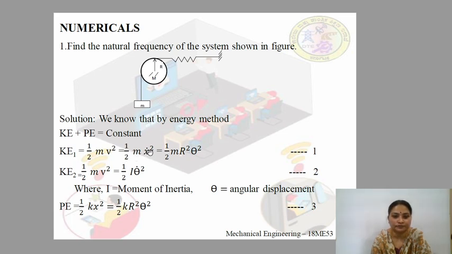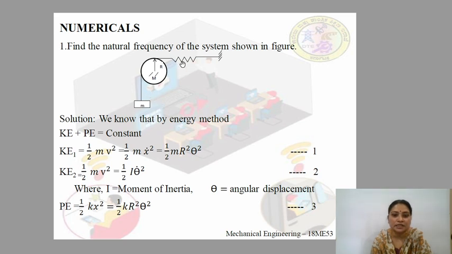Now when the mass moves down by a displacement x, the spring is also given a displacement of x because of its stiffness. So the displacement of the spring is also x as the mass gets a displacement of x.